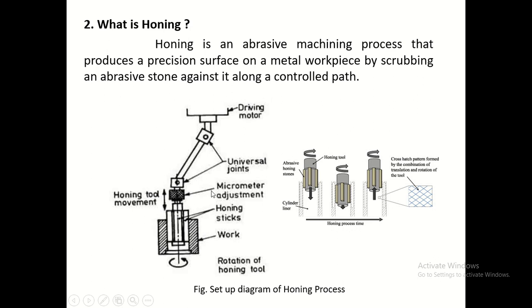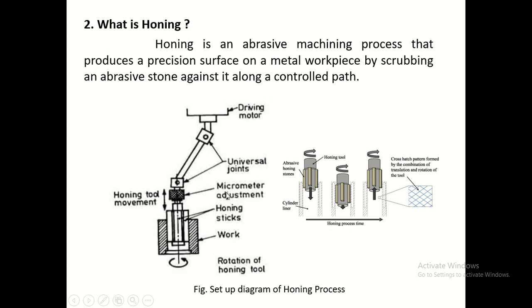There is a micrometer adjustment which adjusts the reciprocating motion of the honing tool, up and down. And the spindle rotates the honing tool inside the workpiece.